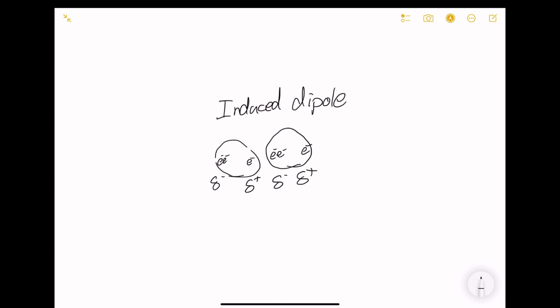When that happens, there will be a slight bond between the partially negative and partially positive sides in the middle, and this is called the London dispersion force. Or in this case, the induced dipole bond.